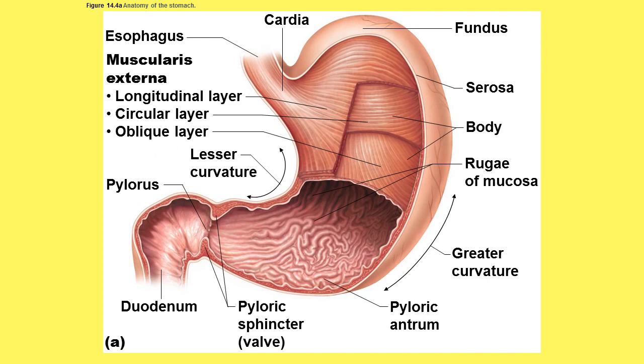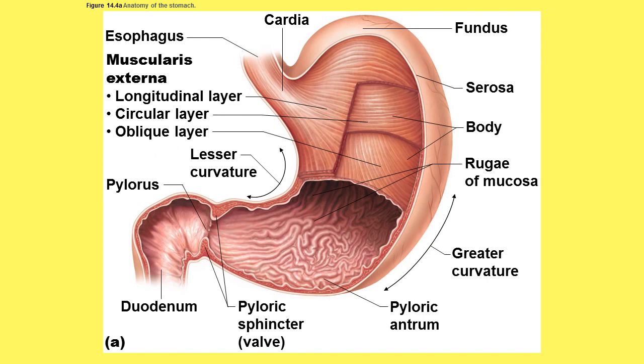The upper portion of the stomach is known as the fundus, the middle portion is the body, and then at the bottom is the pyloric area, and you have the pyloric sphincter. This is a muscle, a valve. The little segments of food coming down the esophagus we refer to as a bolus.